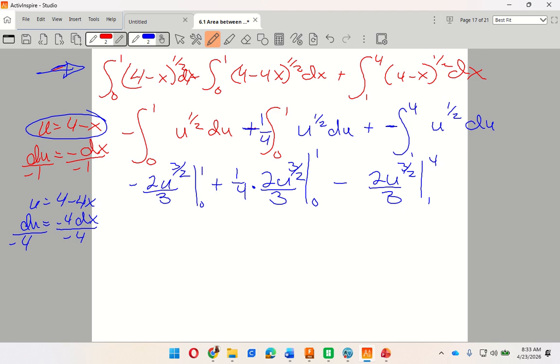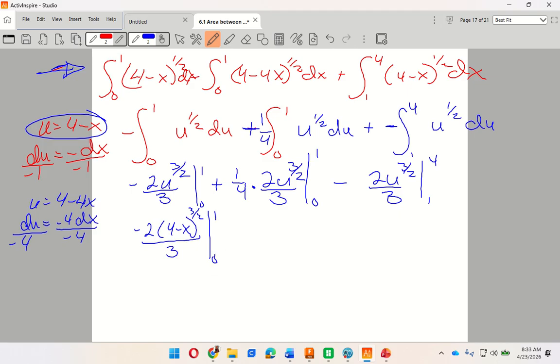And what do I do now? Before I plug it in, what do I do? You have to either switch the range of your bounds, or you have to plug in the u's. Very good, yeah. So put your u back in. Negative 2, parentheses, 4 minus x, 3 over 2 over 3.